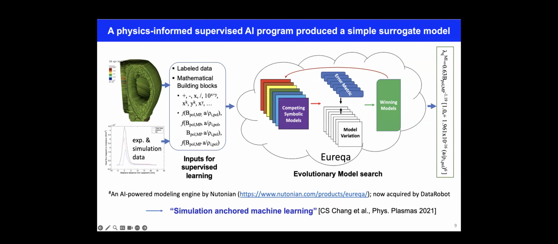We found a few different formulas. The program was spitting out different formulas, and these formulas were fitting all the simulation data right. So I call this simulation anchored machine learning, and this was published in 2021.